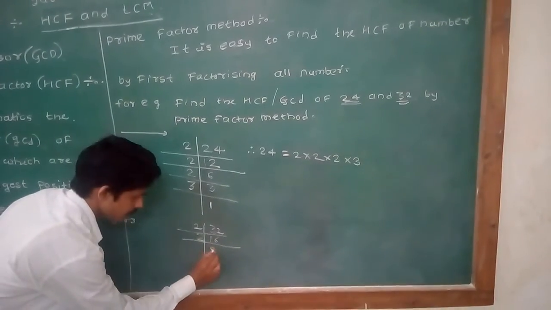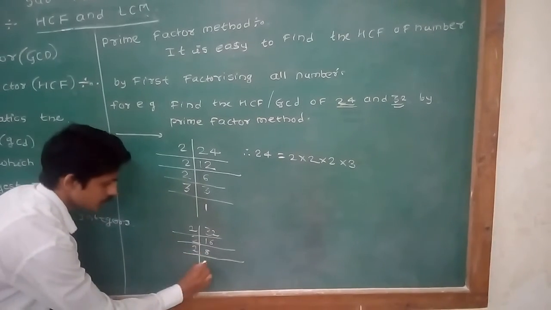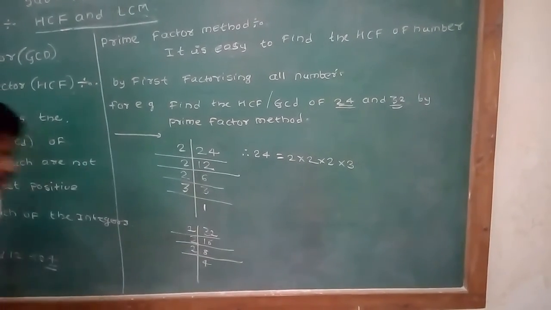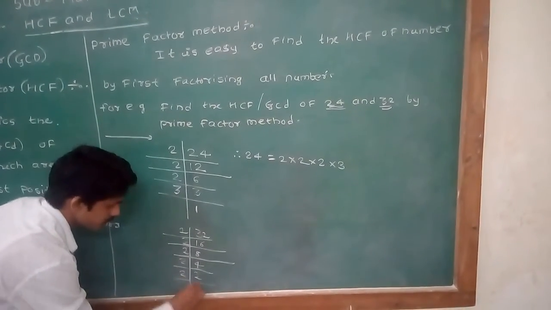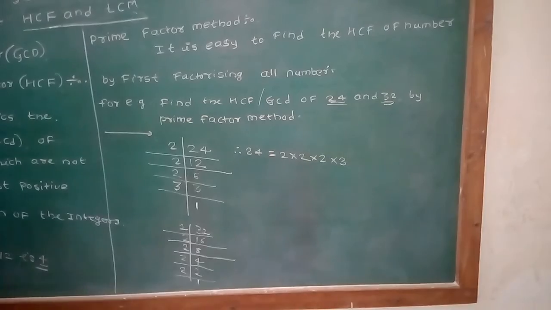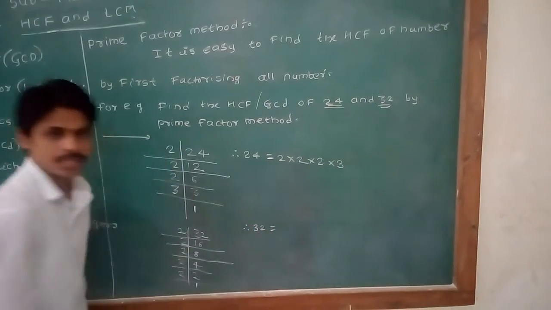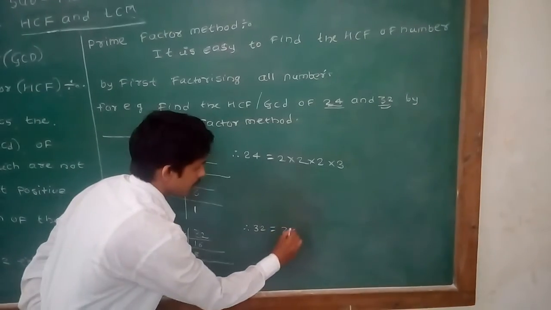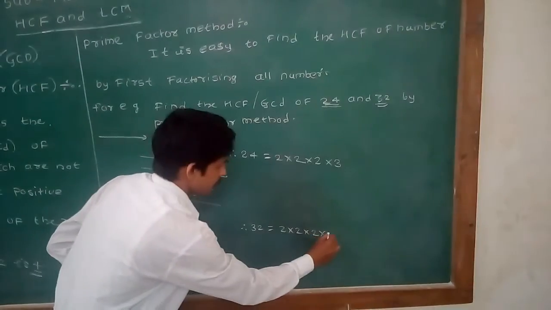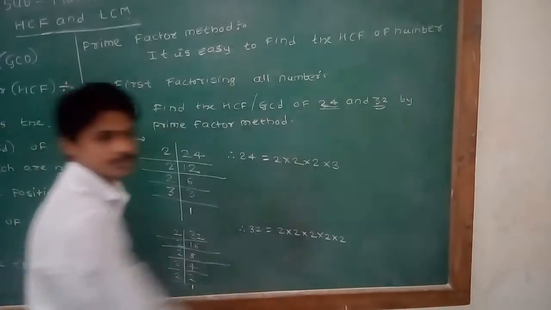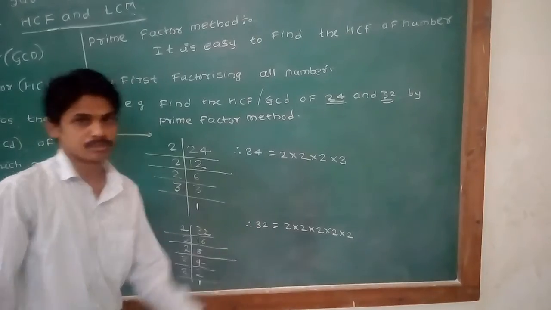It becomes 8. 8 divided by 2, we get 4. 4 divided by 2, we get 2. And 2 divided by 2, we get 1. So 32 is equal to 2 multiplied by 2 multiplied by 2 multiplied by 2 multiplied by 2. This is the factorization of 32.